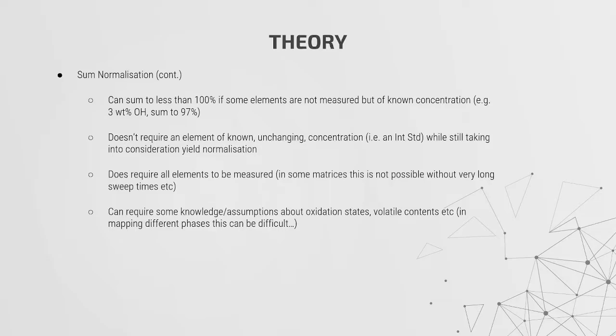And if you're measuring a sample that has different phases, such as different minerals or different tissue types or different alloys within the sample, then you either need to know about those different phases, or you need to make some assumptions. And as we'll see later, we do need to know about the oxidation states.